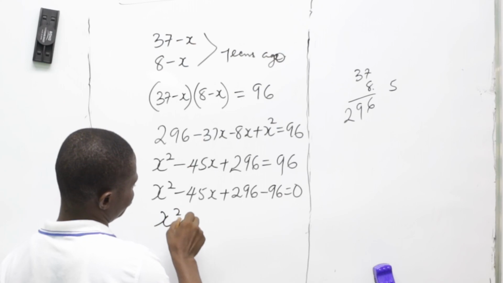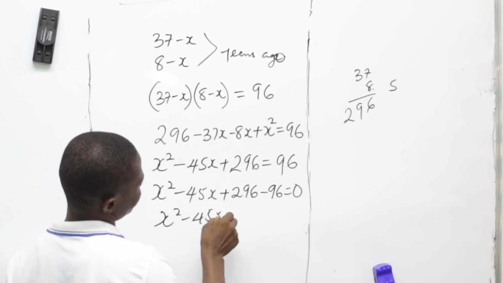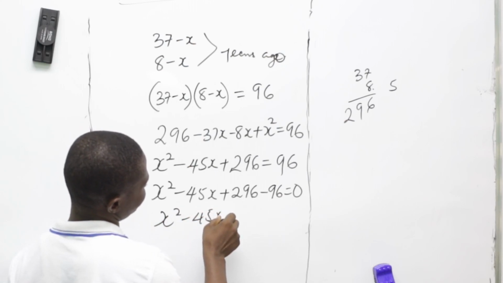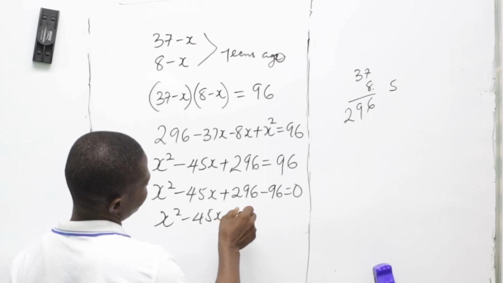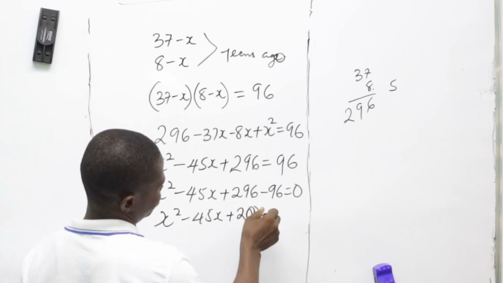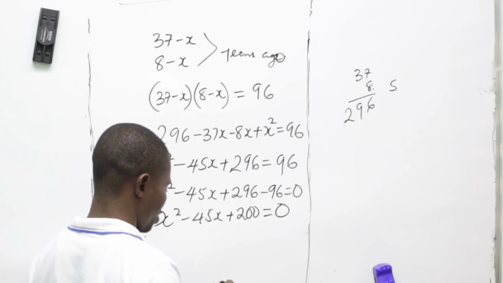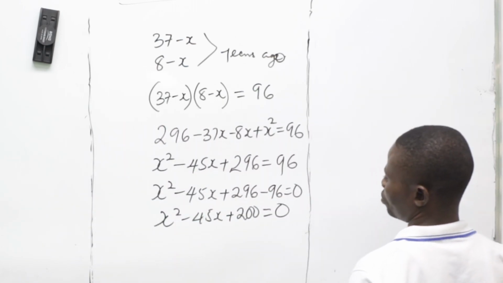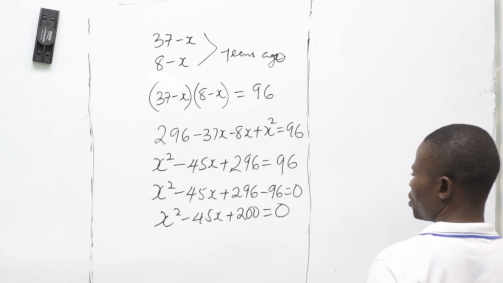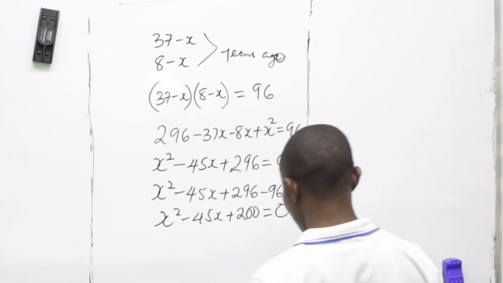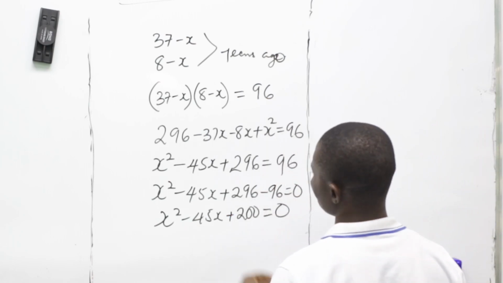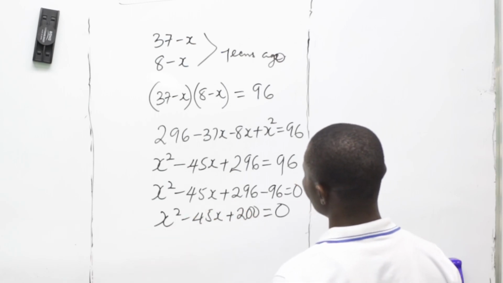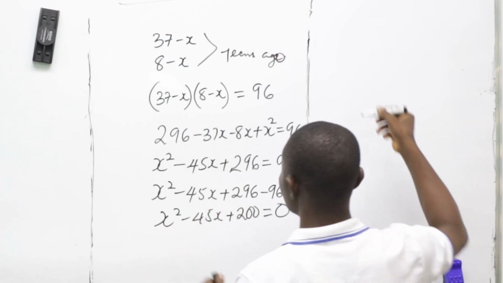X squared minus 45x plus 200 equals 0. Now we solve by factorization. We want to factorize this equation so that the value of x, which is the number of years ago, will be known.